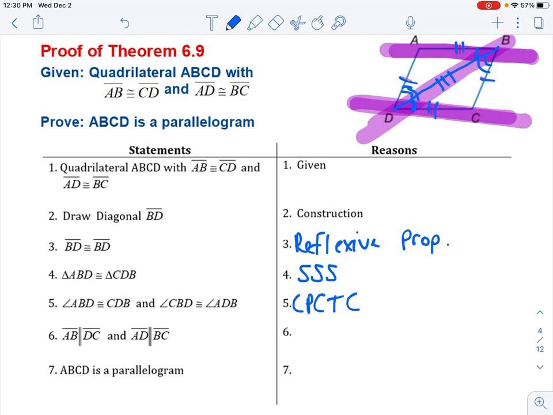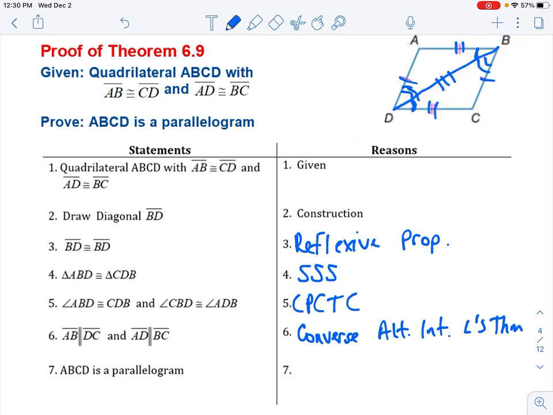So by the converse of the alternate interior angles theorem, we have parallel sides. So these two sides are parallel. We could do the same thing with that transversal and these two sides: we once again have angles that are alternate interior. So by the converse of the alternate interior angles theorem, we know that AD and BC are also parallel.